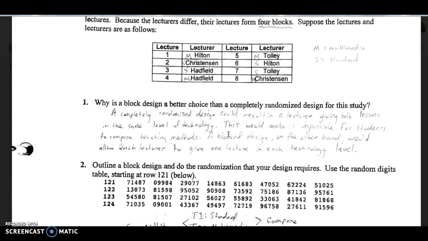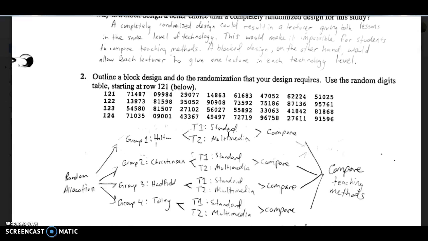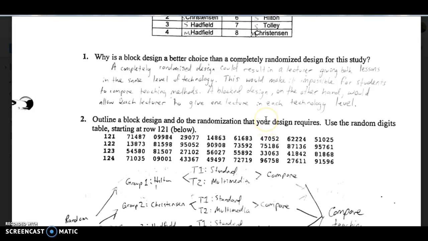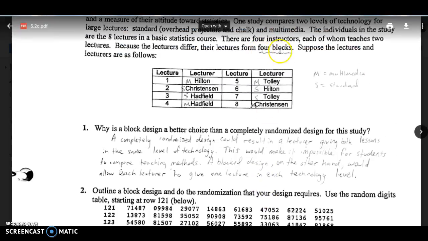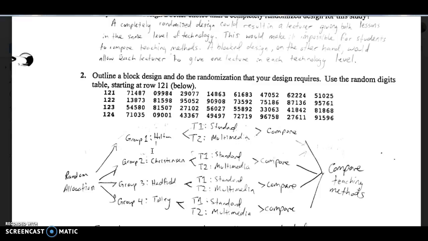So in question 2, it says we need to outline a block design and then do the randomization that your design requires. Use the random digits table starting at row 121 below. So the first thing I did was I outlined my design. You can see that because they mentioned at the top, I underlined it here, there's 4 blocks. That to me told me that my 4 blocks were my 4 different lecturers.